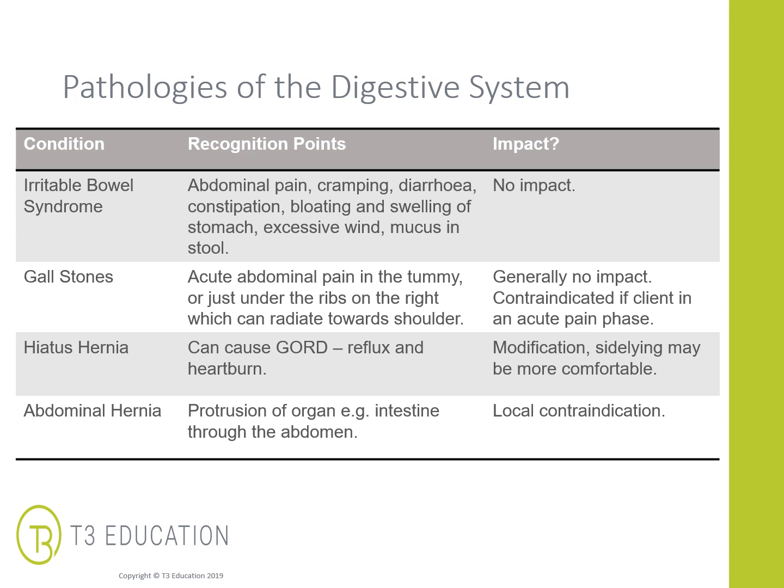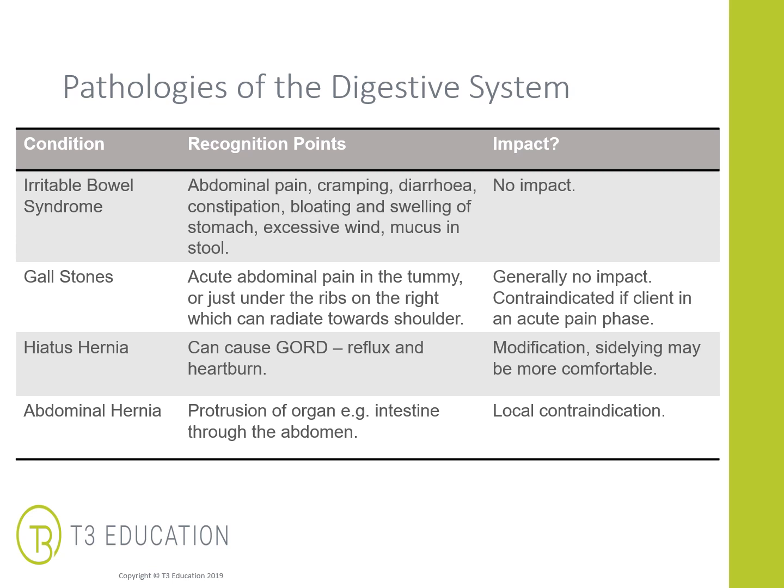What can happen is that the stomach is protruding through the diaphragm and into the thorax, so you get this hiatus hernia. And what we don't want to do is add additional pressure onto the abdomen that might do that. So looking at positions like sideline, the client might find it more comfortable and get less reflux in that position.